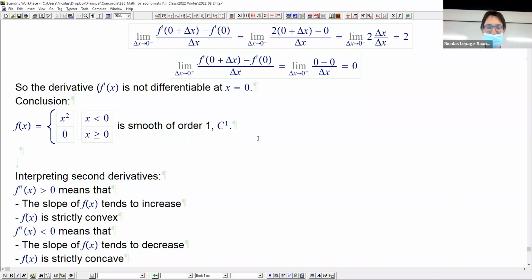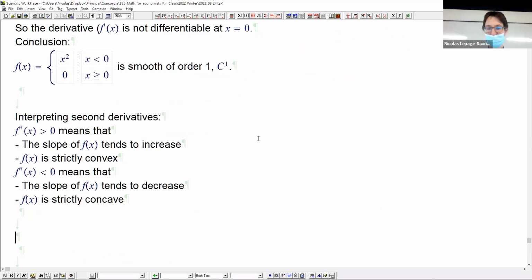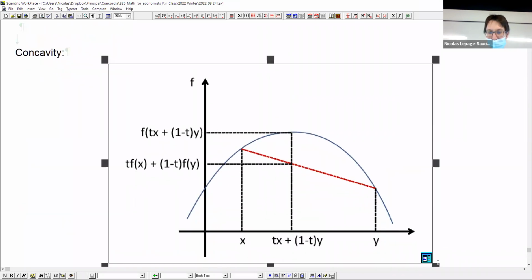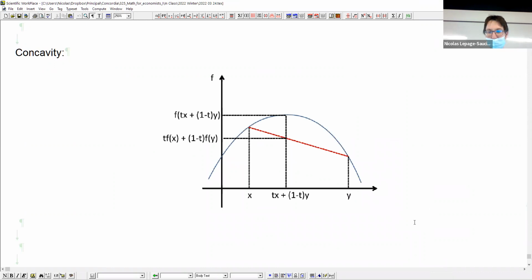Now let me give you a definition of concavity. Before that, I'm just going to draw the function, so it's going to be very clear. Sorry for the graininess of the picture.